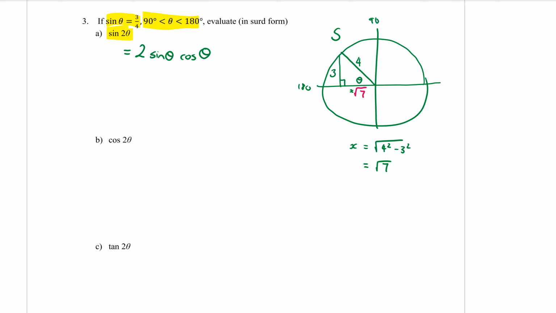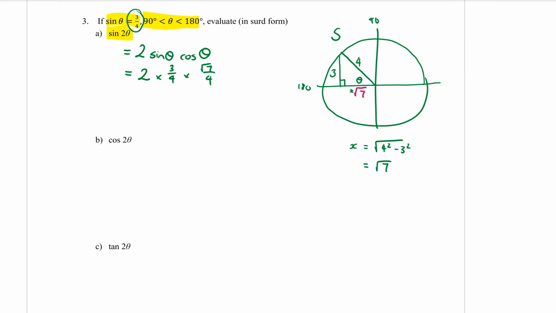Now from this diagram that I've drawn, I can work out everything I need to substitute in. I have the 2 out the front. Sine theta, I'm already told, was 3 over 4, so I can times that by 3 over 4 for the sine theta. But the cos theta I can get from this triangle. Cos theta equals adjacent over hypotenuse, so that's going to be root 7 over 4.